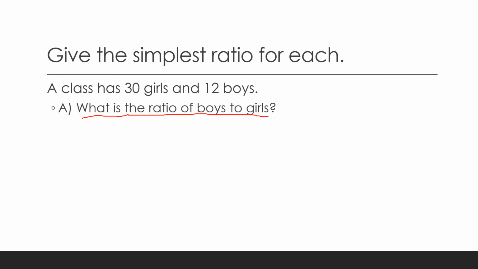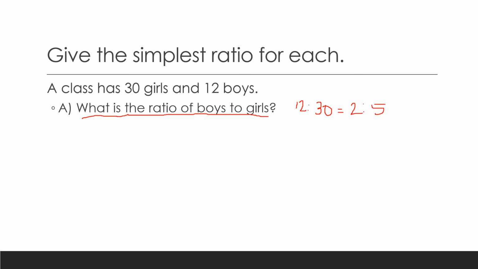So, if we are going to get the ratio of boys to girls, that is 12 is to 30. And if we are going to write that in the simplest form, the GCF of 12 and 30 is 6. 12 divided by 6 equals 2, and 30 divided by 6 is 5.